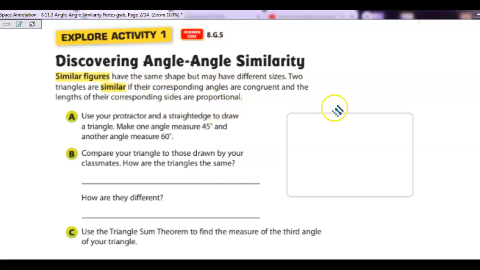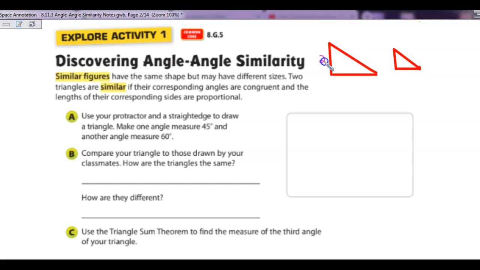So if I had, say, a triangle, and then another triangle, and we talked about them being proportional.